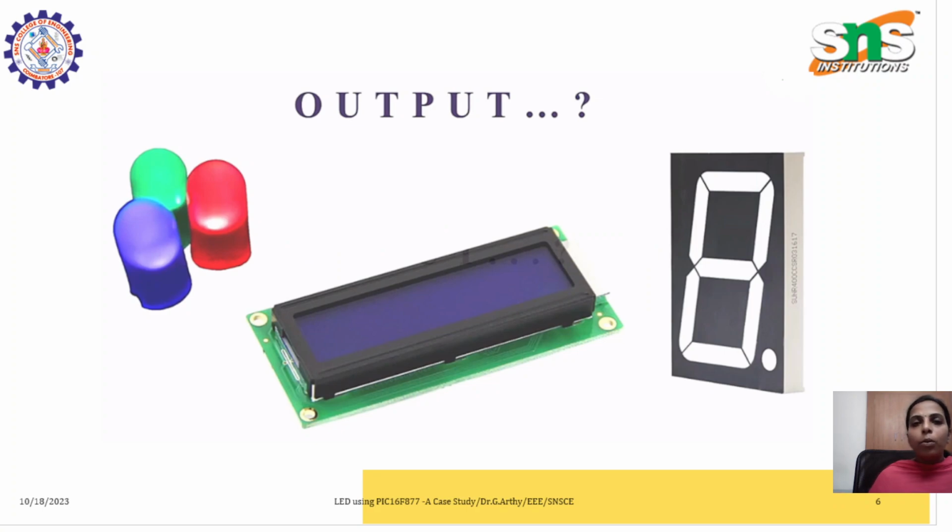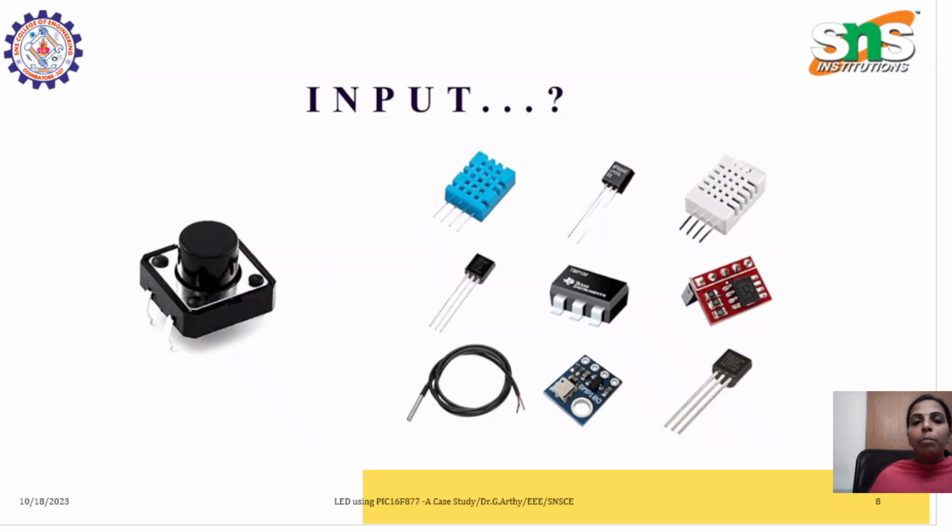The common outputs available are LED, LCD and 7-segment display, which commonly are inbuilt in a normal trainer kit or development kit. And the inputs available will be keypads as well as sensors. Sensors could be of any kind. It could be analog sensors or it could be digital sensors too.